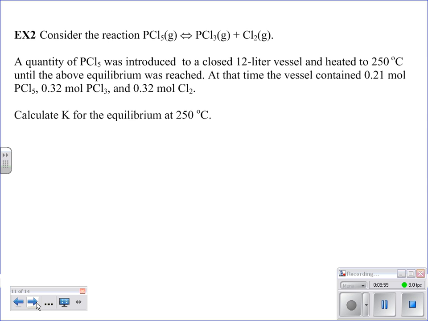So the first thing I'm going to make a note of here is that we've got some information about our temperatures. We don't really care. This is not part of our calculations.